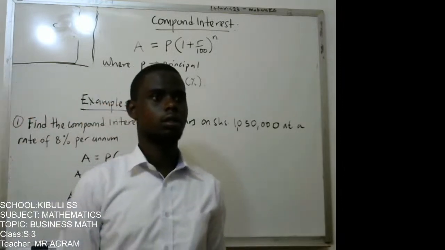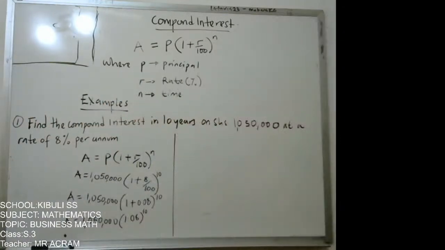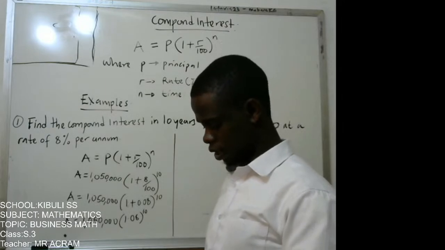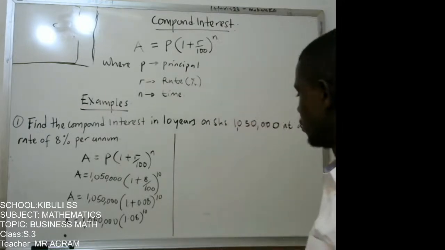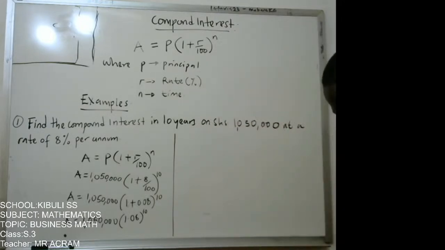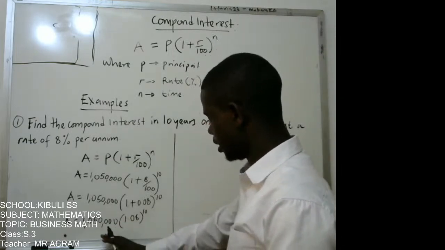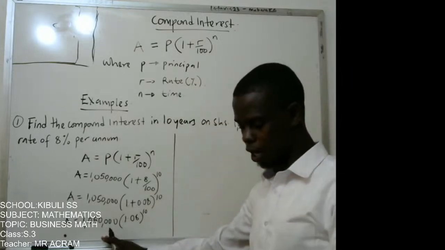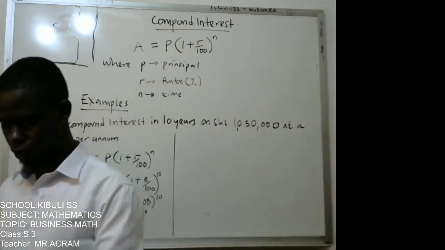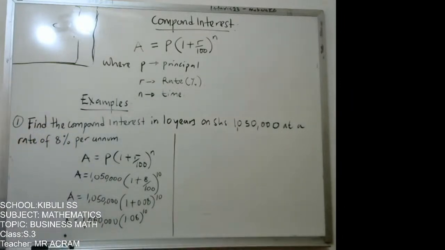Okay, you open brackets and you write in 1.08 power 10. I don't know what you're getting, but whatever you're getting, leave it on the calculator. For me, I'm getting 2.158924997.